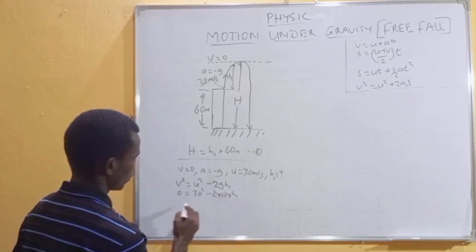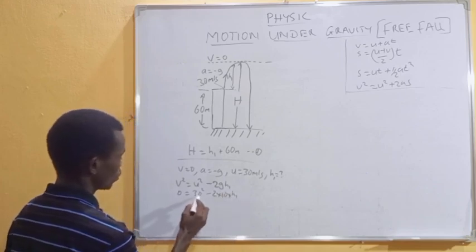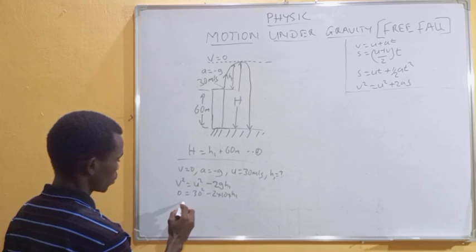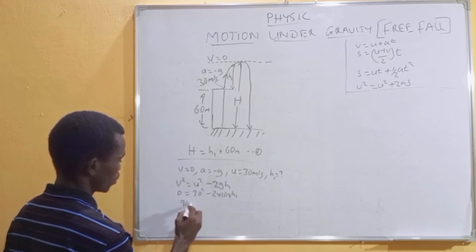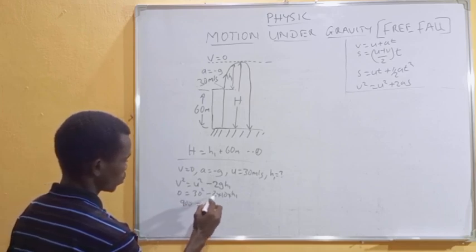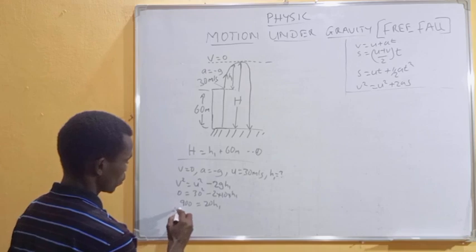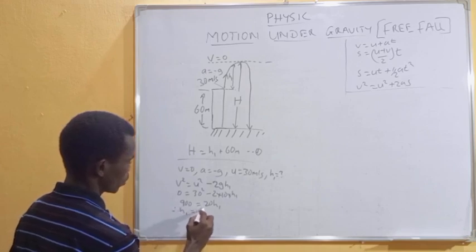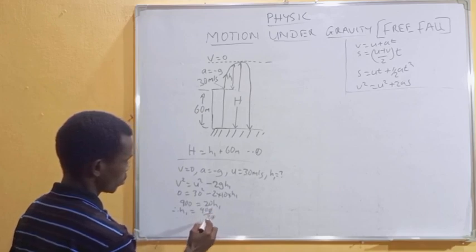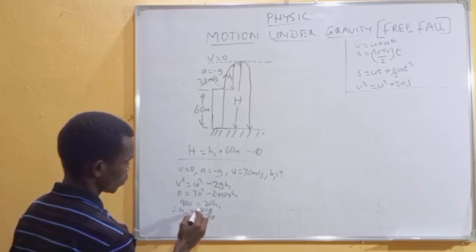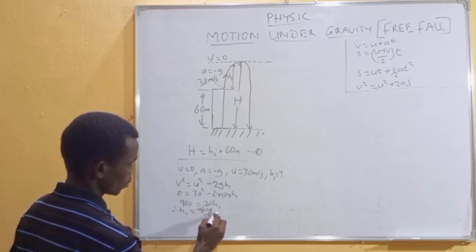times H1. Therefore, we move this one to this side, and 30 squared is 900, so 900 is equal to 2 times 10, 20 H1. Therefore, H1 is equal to 900 divided by 20. 0 cancels 0. 2 goes into 9, we have 4, 45.